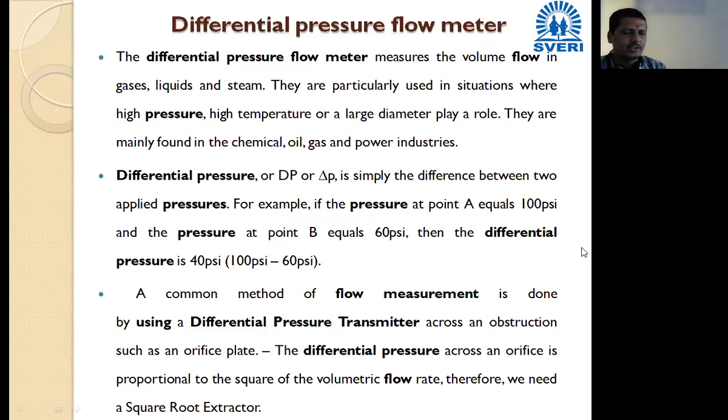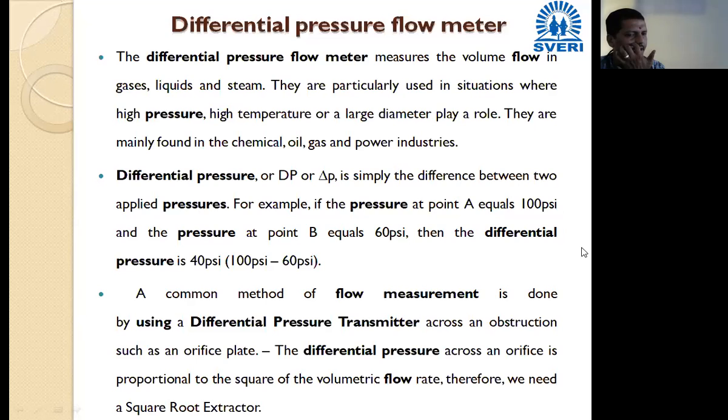The differential pressure across an orifice is proportional to the square of the volumetric flow rate.